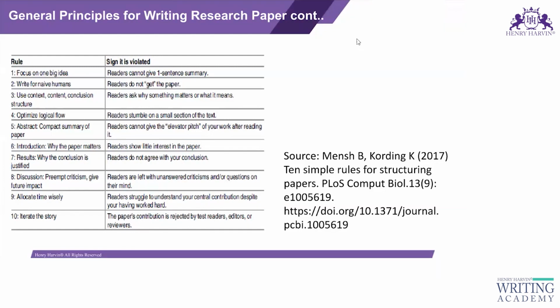If the interpretation is not given properly, the readers are left with unanswered criticism or questions in their minds, and they have to look for other sources to get the answers.